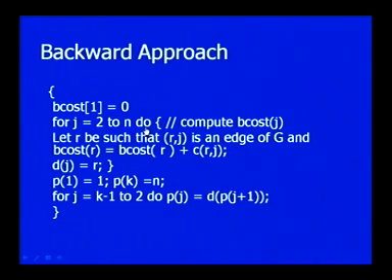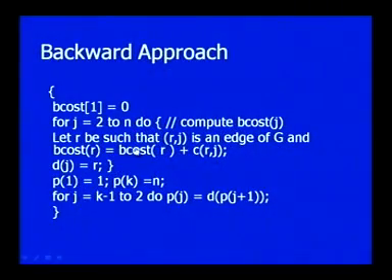Please recollect, in the last algorithm, since we were coming from right to left, we started a loop and then decremented the loop by -1. But here we are going from left to right, therefore, the loop becomes 2 to n do. Again we are choosing the minimum cost edge.